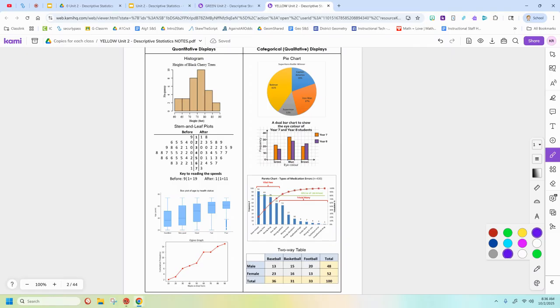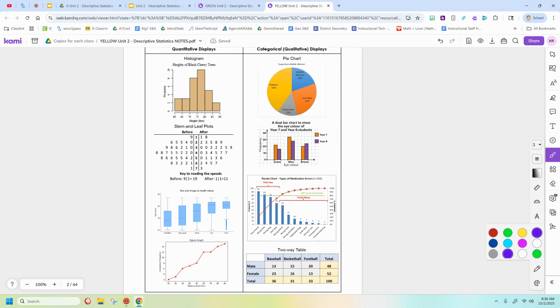Then we also are going to be doing number crunching, that's summary statistics, and what those things tell us. These individual numbers give us one piece of information, and we compare it to the graph of the data, and then we can draw some conclusions or observations about that data.